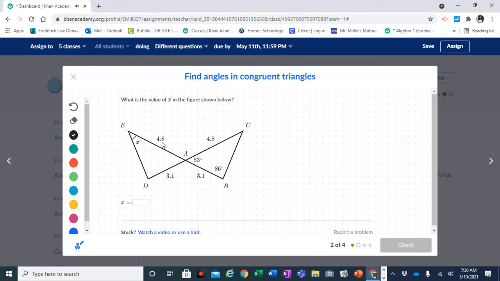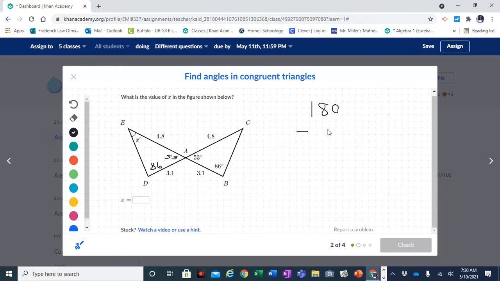For this one, we see the 4.8, the 3.1, 4.8, 3.1. That means that this angle is equal to this angle by vertical angles. That would mean that this angle over here is 86. And that means we don't know what this angle is. So again, the angles in a triangle have to add up to 180 degrees.